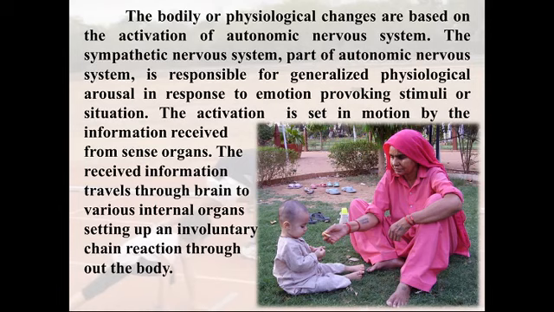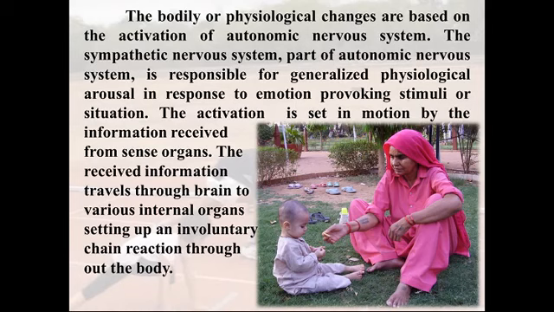Your autonomic nervous system, the sympathetic nervous system part of the ANS, is activated. That activation accelerates the various body organs and leads to internal body changes. The activation is set in motion by the information received by sense organs, which I told you.